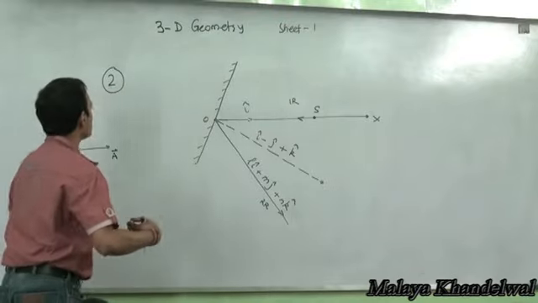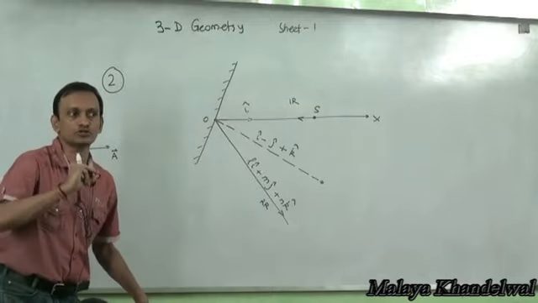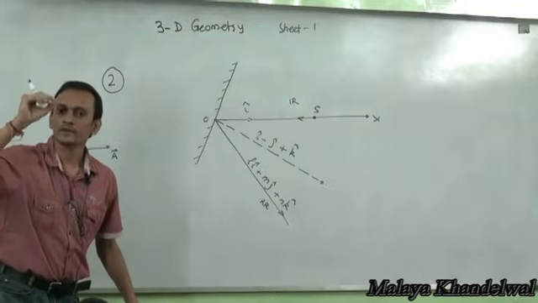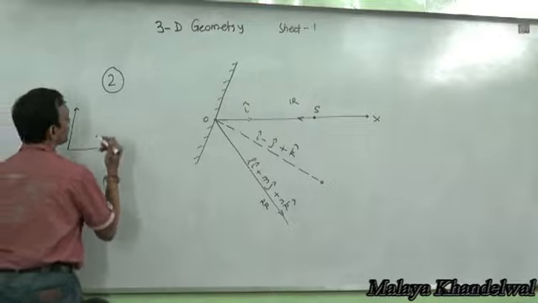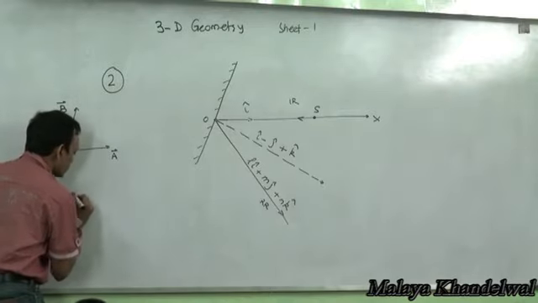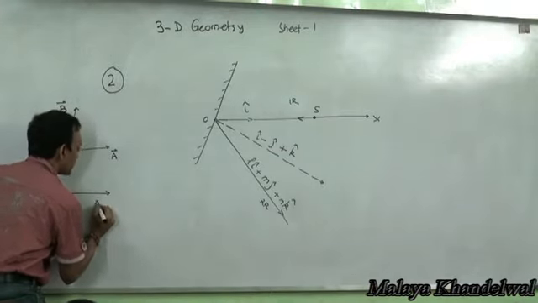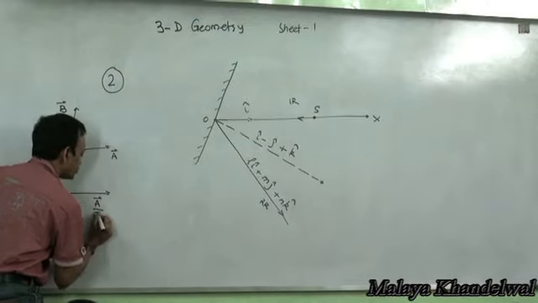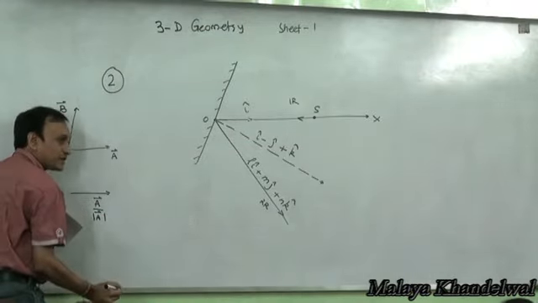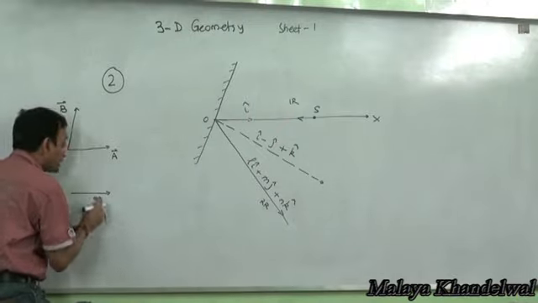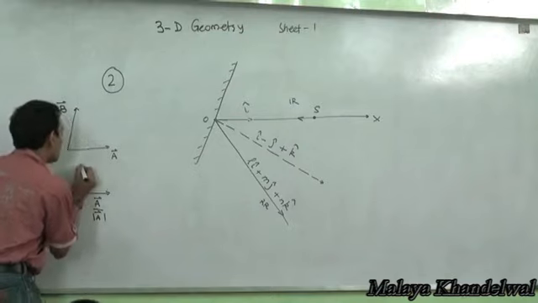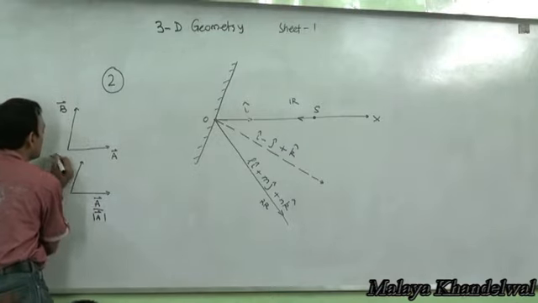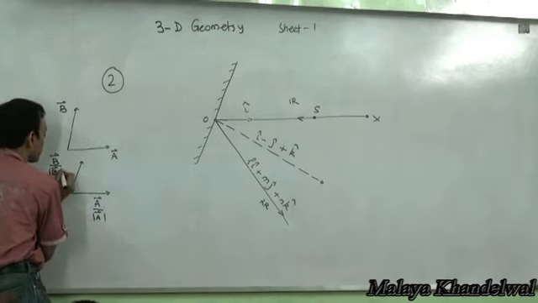So a practical approach to find the vector along the angle bisector between A and B would be to seek a unit vector along A, which is A by mod A. A unit vector in the direction of A is A by mod A. The direction is not perturbed, right? A unit vector along B would be B by mod B, right?